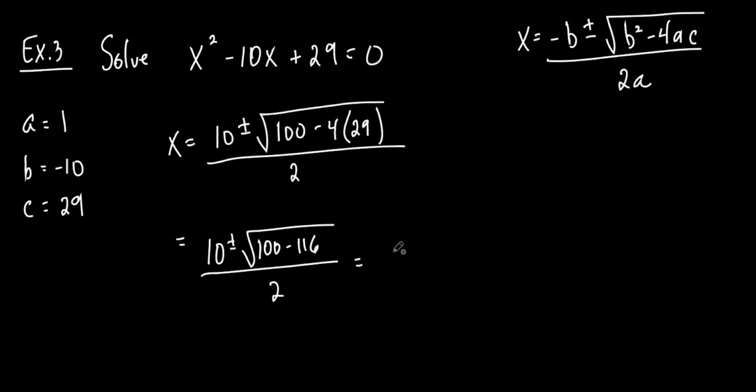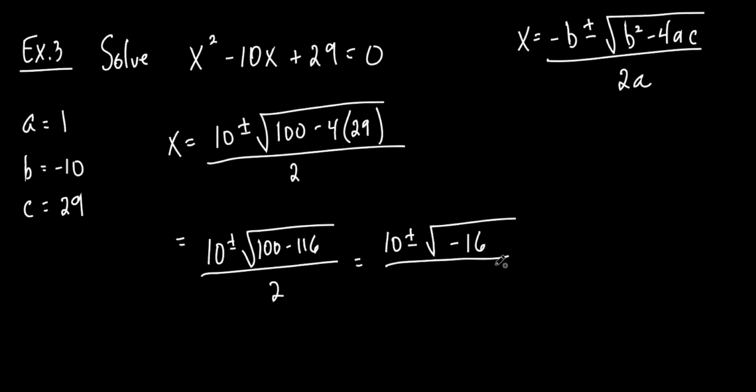Let's come over this way. 10 plus or minus square root. What do we have here? What's 100 minus 116? Negative what? 16. What did we introduce on this one we haven't done yet? An I, right? Because that negative inside the square root is going to become an I, isn't it? All right? That's not that hard.